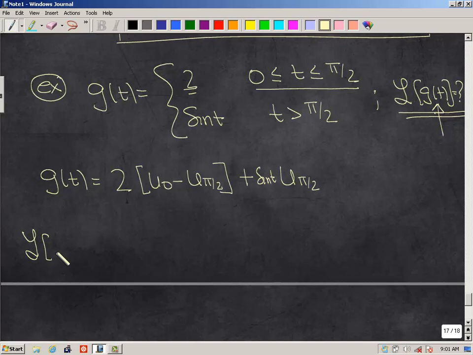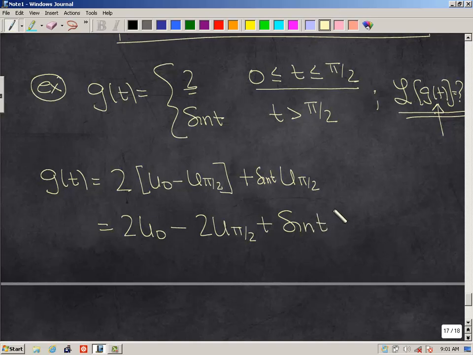So if you're going to take the Laplace of g of t, oops, I'm sorry, getting ahead of myself. Let's go ahead and distribute and clean this up. We should always combine the step functions that are the same. So we can write it as 2u naught plus (sine of t minus 2) u of pi over 2.